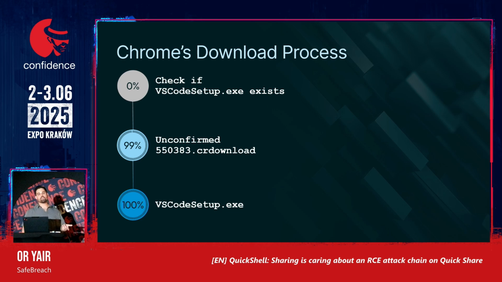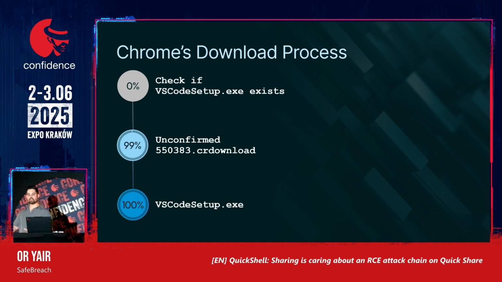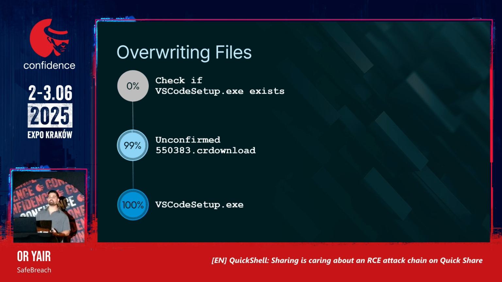So, we thought that there is good potential to create confusion if we send a file to the victim's downloads folder right in the middle of this process, that is, after the final name has been decided on, but still was not created. We thought that it will maybe make Chrome fail in overriding the temporary file to the final name of the download, leaving our file in the downloads folder.